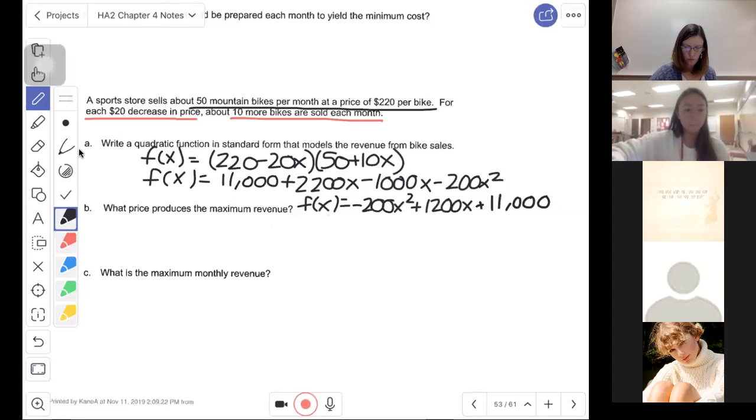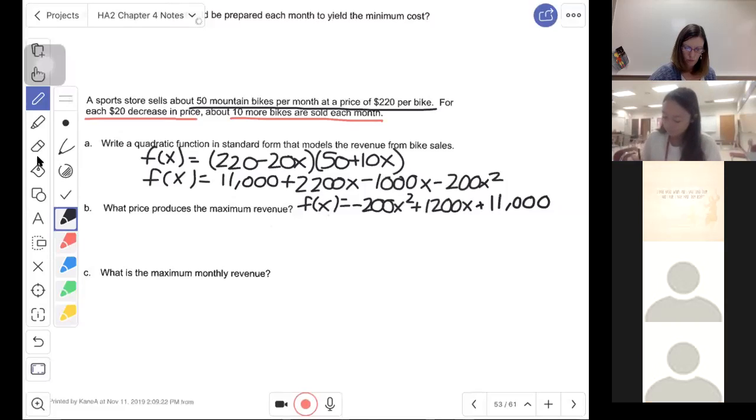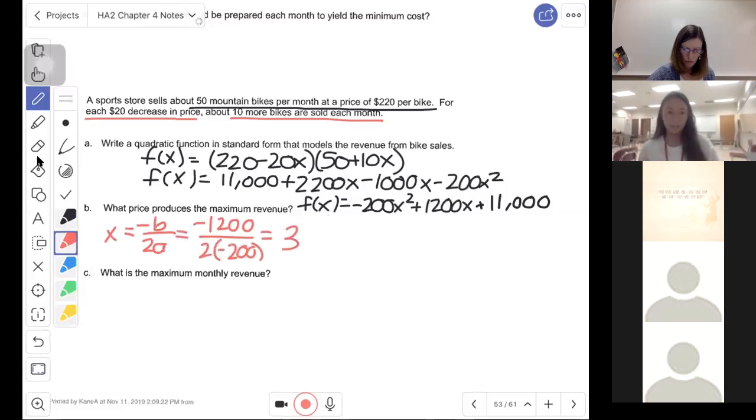Ava R., how are we going to do that? How are we going to find the maximum? So first you have to do x equals negative b over 2a. Awesome. And when you do that, it gives you 3. So then we have this x equals 3. Then what do we do with that?